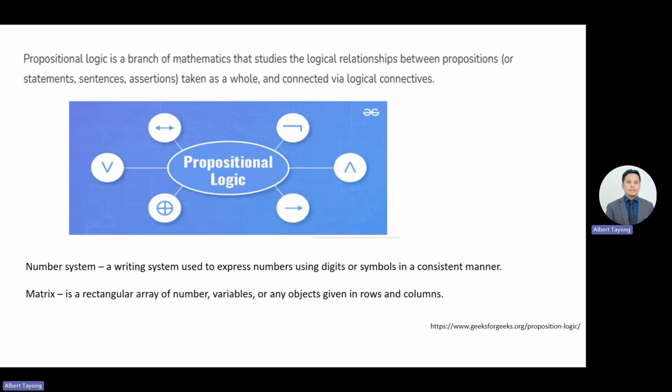Propositional logic, which is a branch of mathematics that studies the logical relationships between propositions. It is also a branch of logic, okay? A branch of mathematics dealing with logical relationships between propositions, or we call these statements or sentences or assertions, taken as a whole and connected via logical connectives, or we call these logical operators.